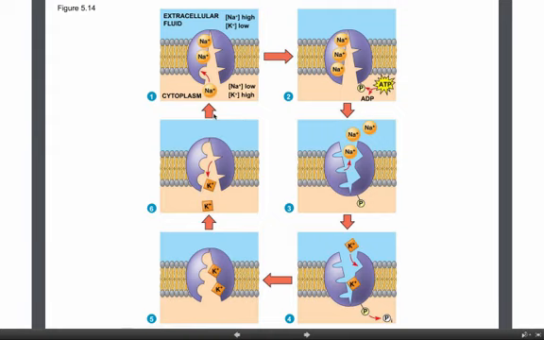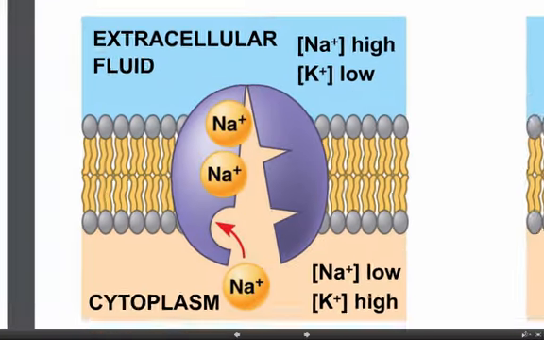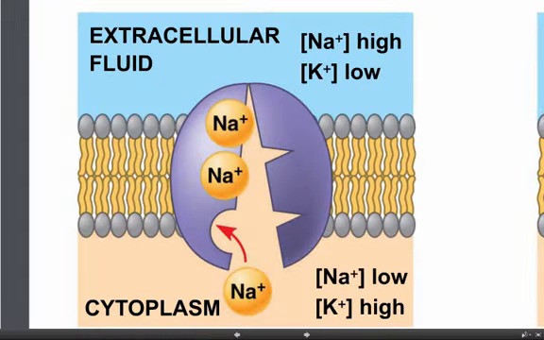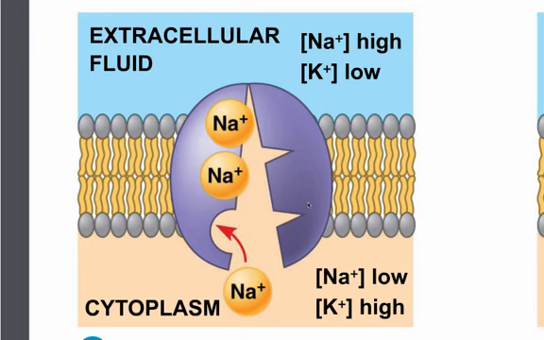And this is all going to require energy. So what are the steps in this process? Well, the first step is for this sodium-potassium pump to extract, essentially grab the sodiums, even though their concentration is low. This protein has a very high affinity attraction for the sodiums.